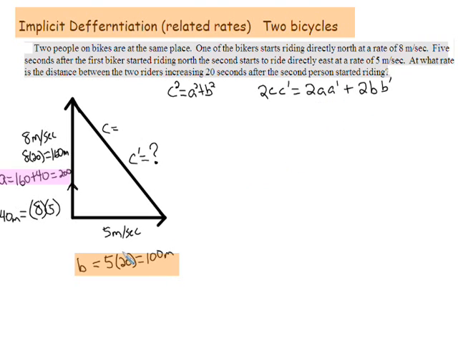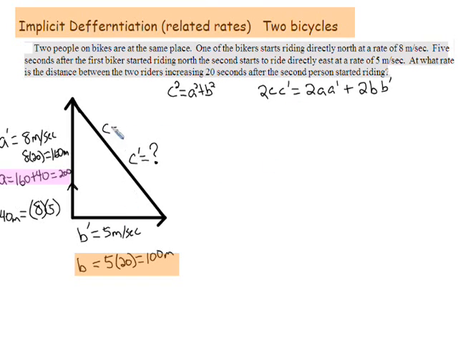So, yes, we do. Look, this one is my rate of this side, so that's my B prime. This is my rate of my north travel, which is 8 meters per second. I know that. So I do know the primes. So all I'm lacking is your C and your C prime. So I can figure this out, and that's going to help me find C prime.